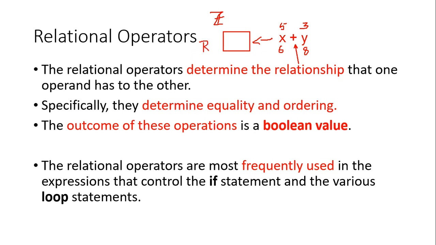But when you use a relational operator, the answer could be either true or false. In other words, the outcome of these operations is always a Boolean value. You don't get any other type of answer for relational operators.